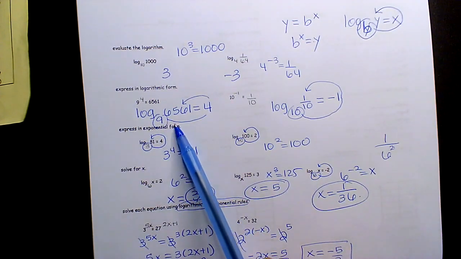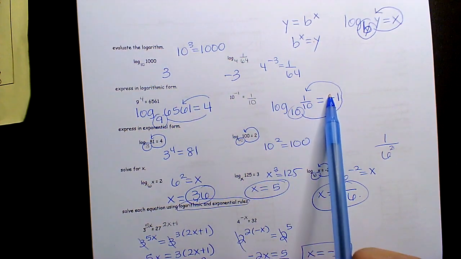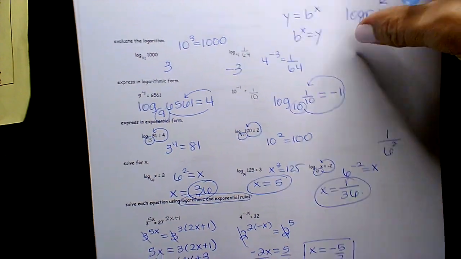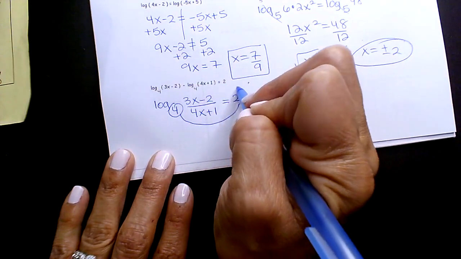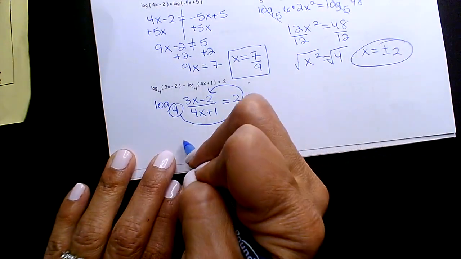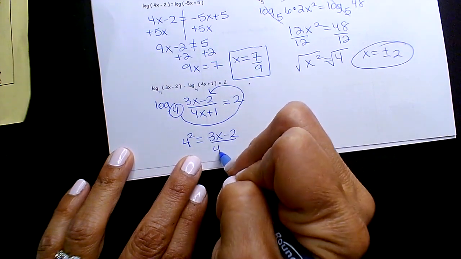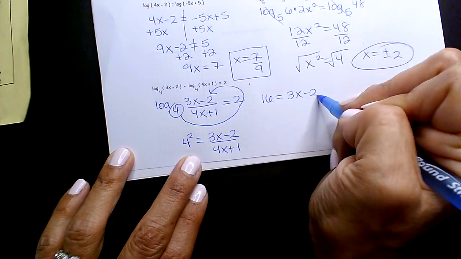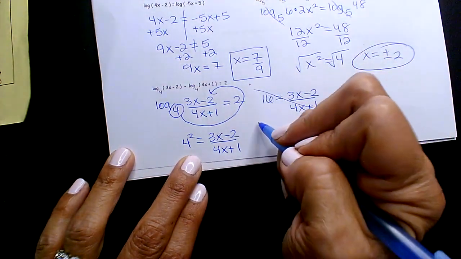That rotation, the base to that exponent is equal to that value or that argument. So I had to go 4 squared is equal to that ratio. So 4 squared is equal to this, which gives me 16 is equal to 3x minus 2 over 4x plus 1. Okay, now you use the cross product property.